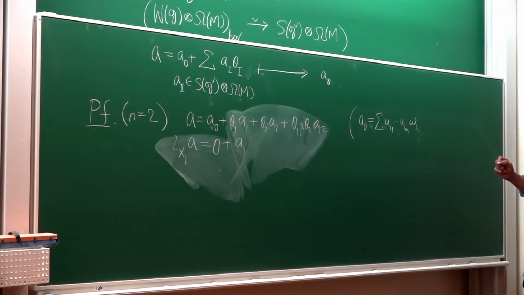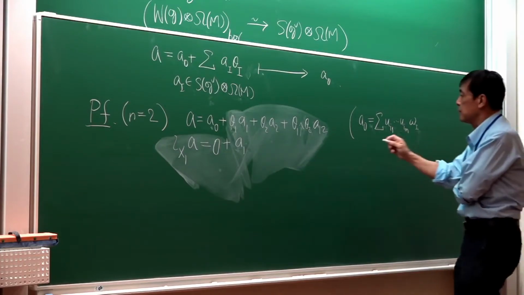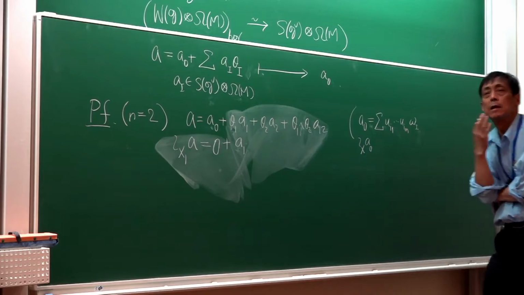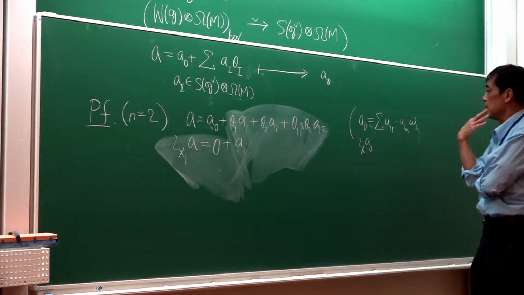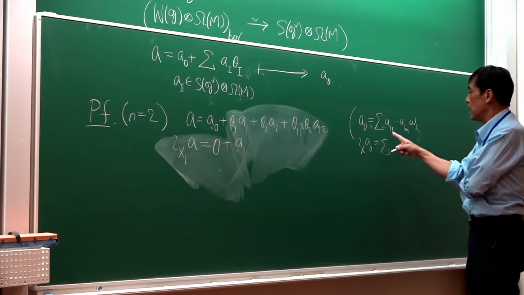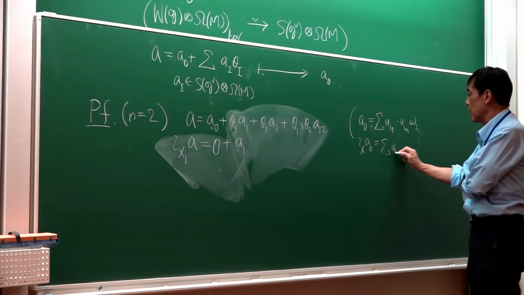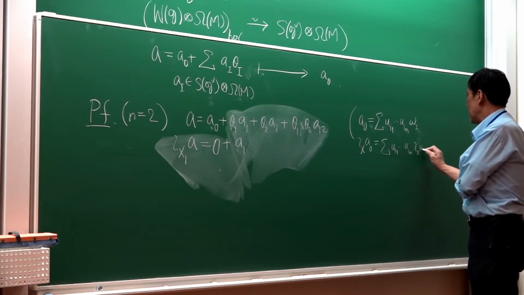Yeah, so Ix A0 is going to be, you have these u's, Ix omega_I.